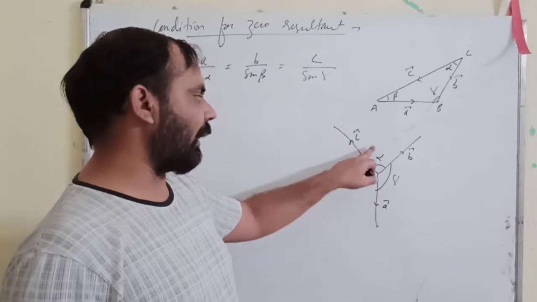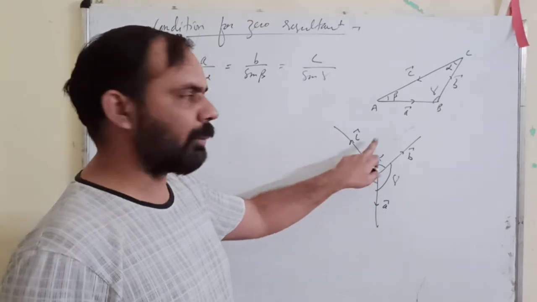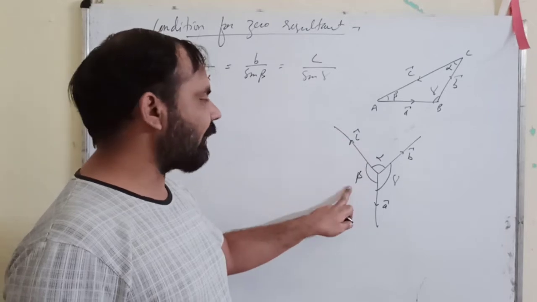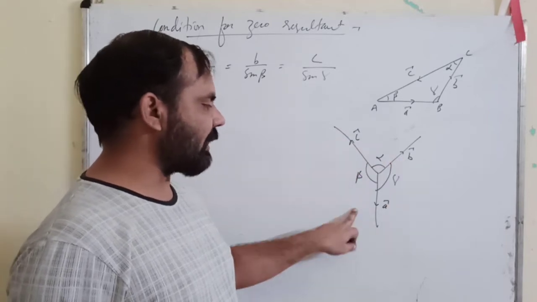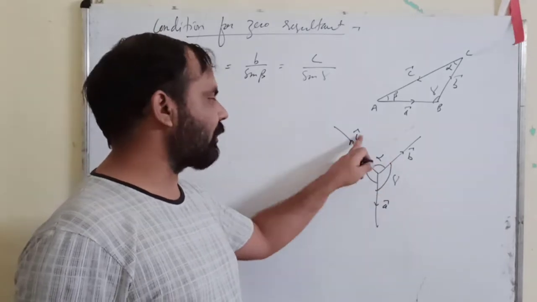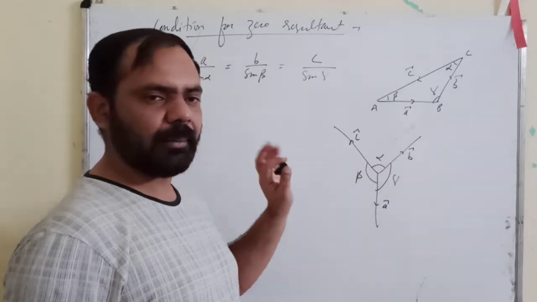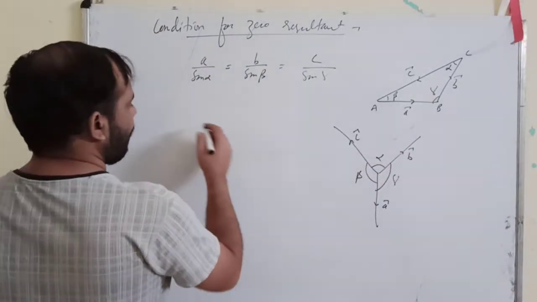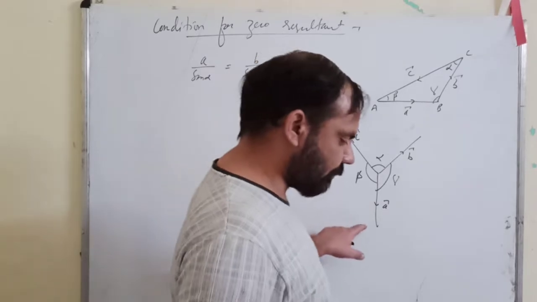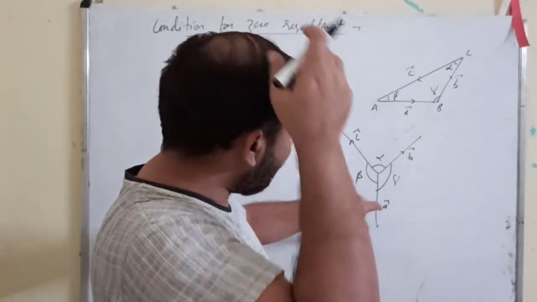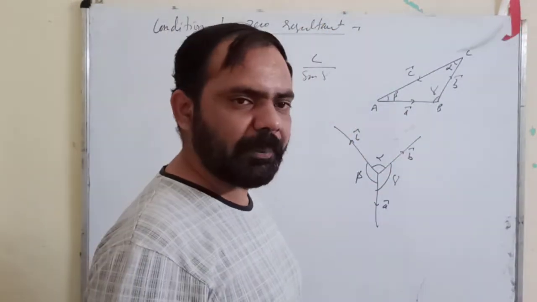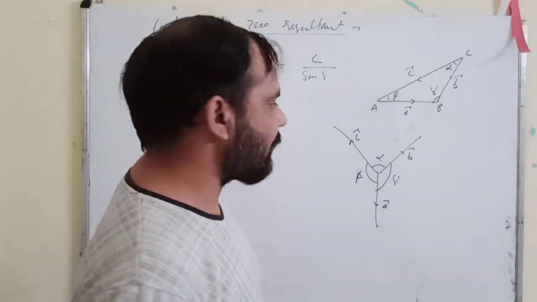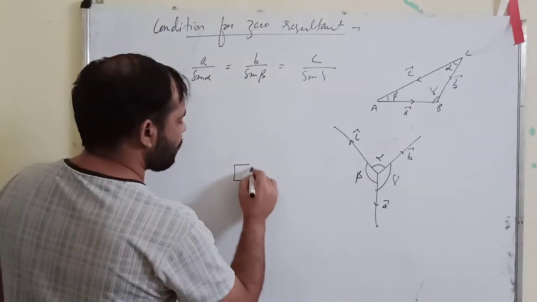The angle opposite to A is alpha, meaning alpha is the angle between B and C. Beta is opposite to B, meaning the angle between C and A, and gamma is opposite to C, meaning the angle between A and B. Then if you have a condition of equilibrium here, equilibrium means it is like, suppose there is a box.